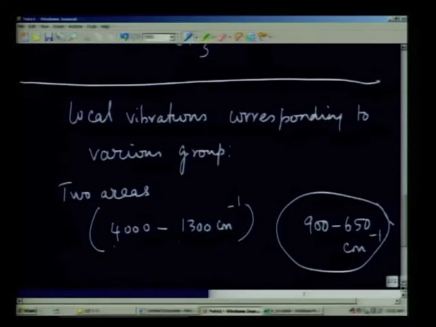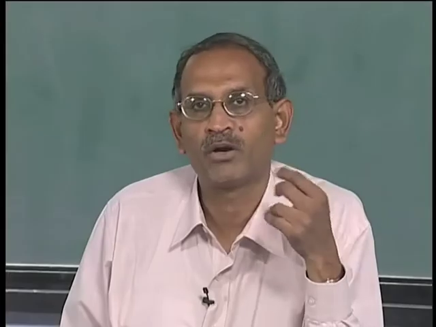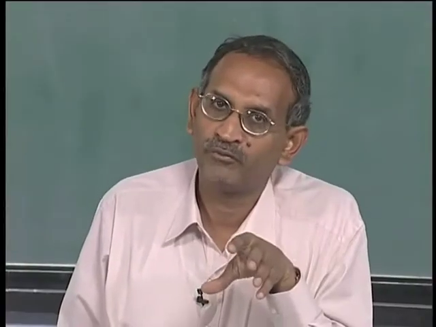Then the high frequency end, 3100 to 4000, corresponds to stretching of the carbon hydrogen bond. The CH bond is one of the strongest bonds in organic chemistry, 90 to 94 kilocalories, a huge amount of energy, and therefore stretching that bond is going to require a large amount of energy.